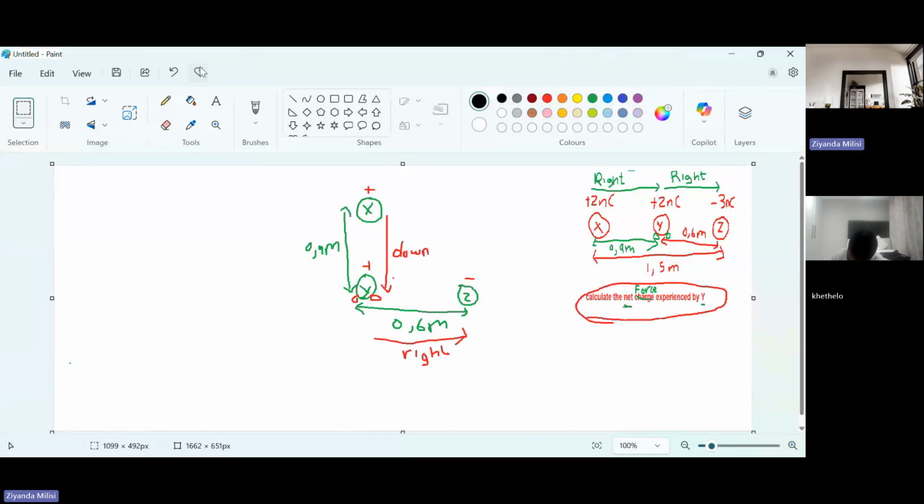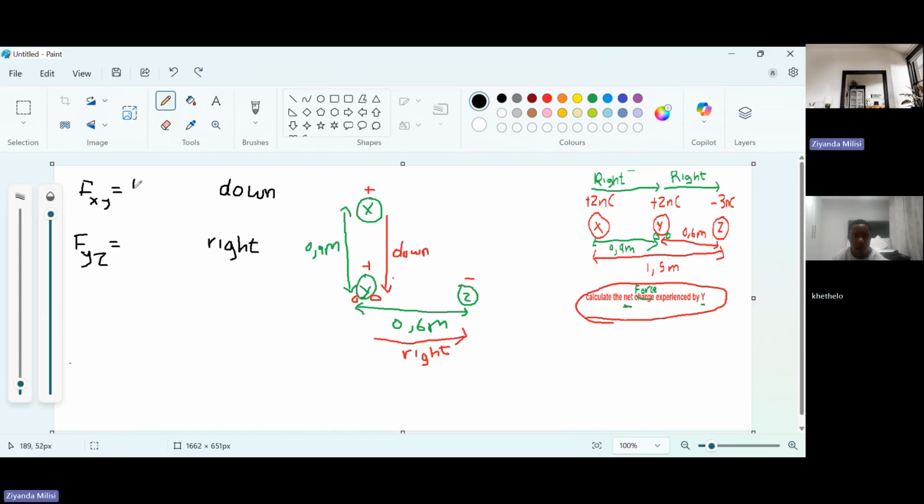Then the other one is 1,944... 1,5. This one is 4,444 times 10 to the power negative 8 newtons.